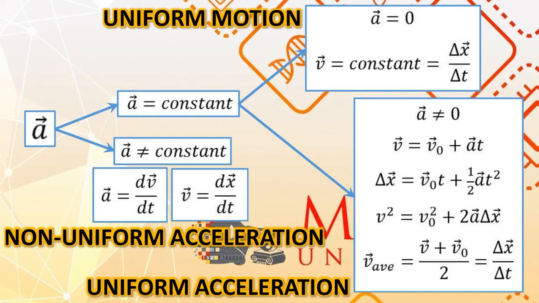Final velocity is equal to initial velocity plus acceleration times time: v is equal to v naught plus at. The displacement is equal to initial velocity times time plus 1/2 acceleration times the square of time: delta x, or simply x if we take x initial to be 0, x is equal to v naught t plus 1/2 at squared. Then you have v squared is equal to v naught squared plus 2a delta x.